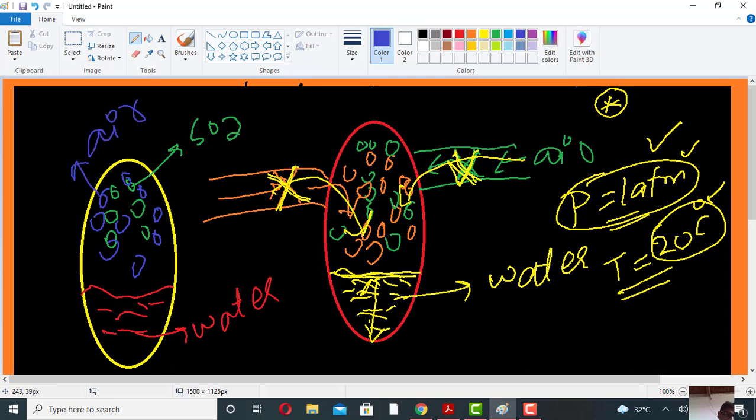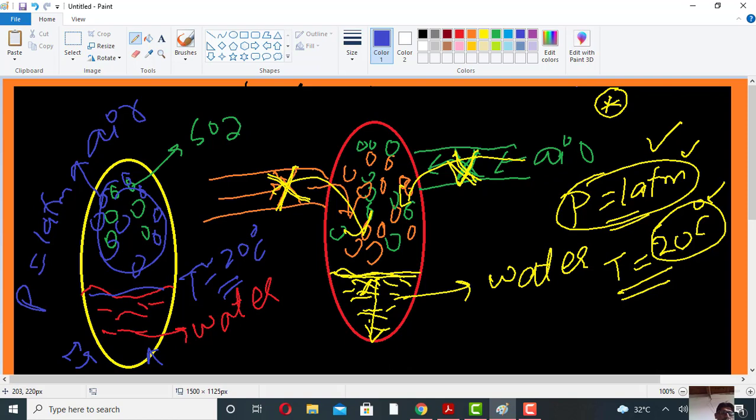The system is at 1 atm, but we increase the temperature of the system to 20 degrees C. First of all we fill the system with water, and we enter air and sulfur dioxide.